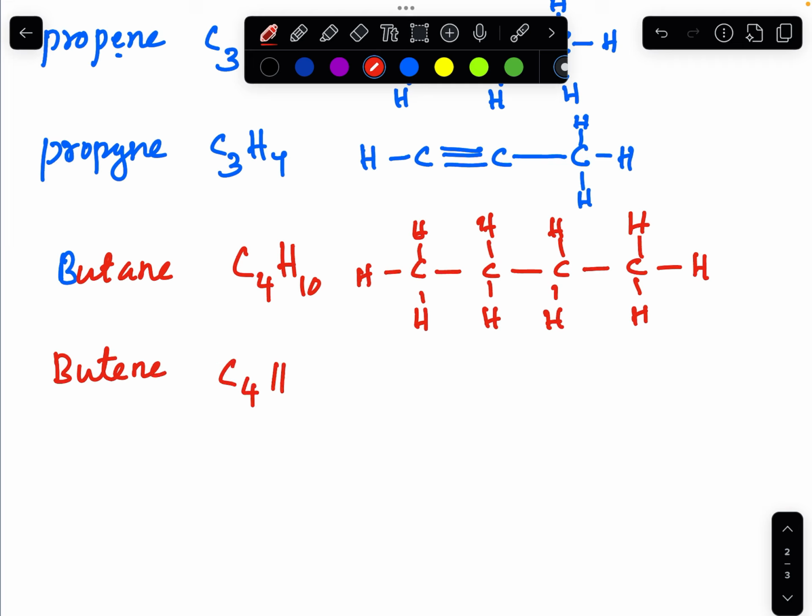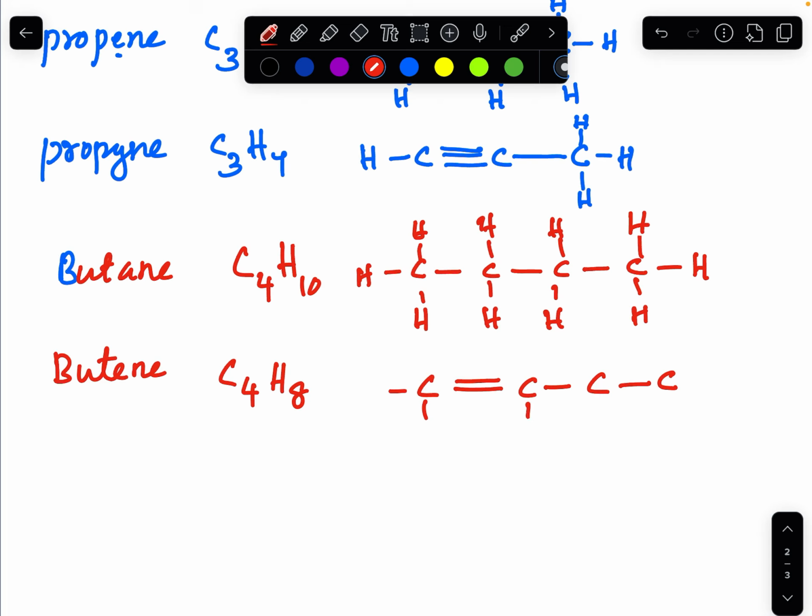ENE means double bond. Remember that. That will help you a lot. C4H8. So 4 carbon, so draw 4 carbon. And I will always draw the double bond at the first carbon. There is a reason for that, otherwise the name will be different. Since you are a beginner, you don't need to worry about that. So I'll draw like this.